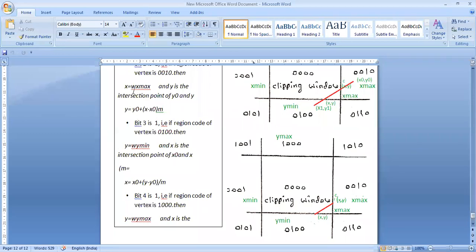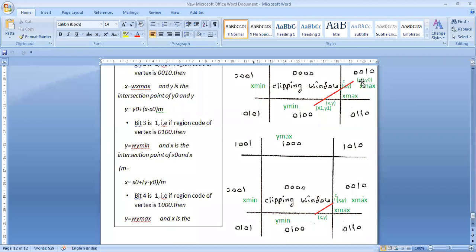That is x max, the x coordinate of this particular point. If I need to bring this here, then x should be x max. So if the region code is 0010, that means it is coming out of the window towards the right side, coming out of the x max region.